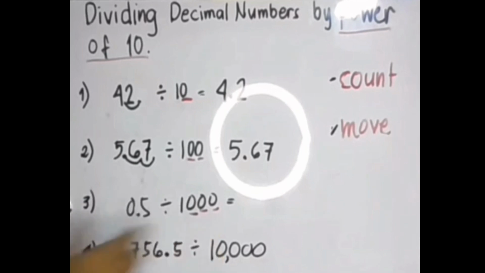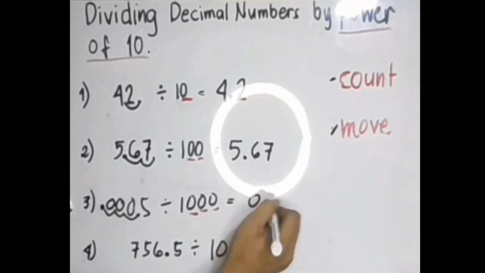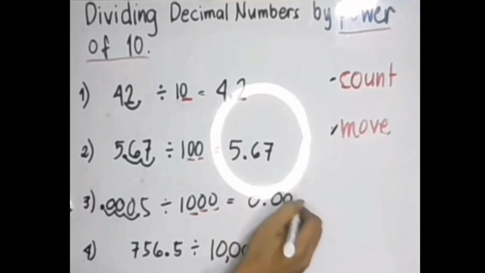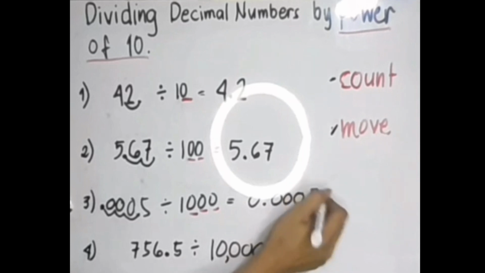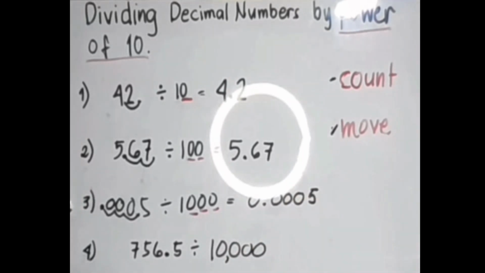Very good. 3 beses. So move natin ng 3 beses. We have 1, 2, 3. So ang decimal point ay mapupunta rito. As you see, may dalawang vacant space. Anong gagawin dyan? Lagyan ng 2 0. So the answer will be 0.0005 or 5 10,000s. Malinaw ba mga bata?